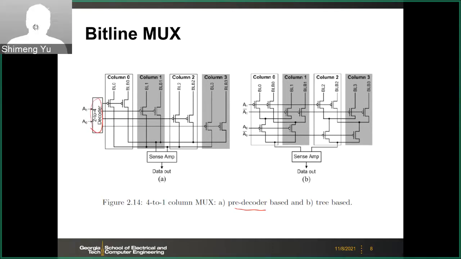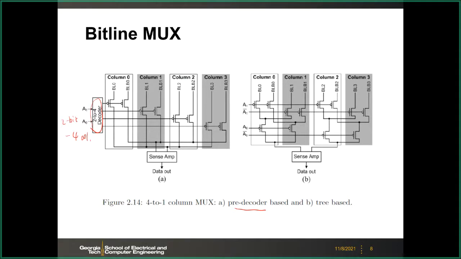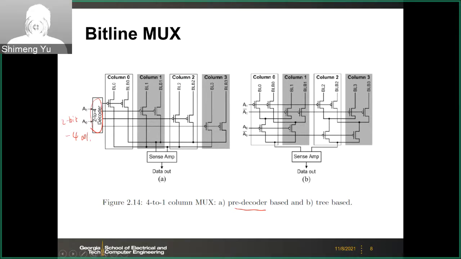This is a simple example. You have 2 bits to 4. You have 4 columns here, a 2 bits to 4 column decoder. So this decoder design will be similar to the row decoder. This is the column decoder. After the column decoder, you have 4 outputs in this case.